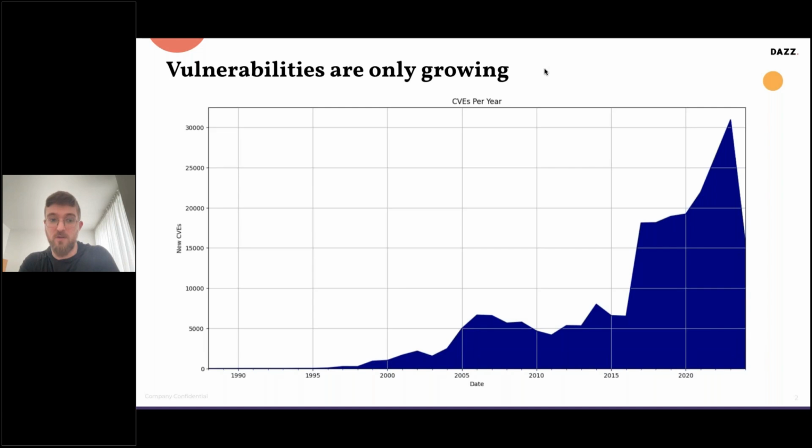So the number of published vulnerabilities, represented here based on the CVE identifiers, is just growing massively year over year, with about 30,000 vulnerabilities reported last year alone, right? So when we're thinking about how to protect a certain environment, and we have different kinds of detection tools that can pick up those vulnerabilities, we have to account for the fact that every day that we wake up in the morning, there could be hundreds of new vulnerabilities that all of a sudden will be picked up by those detection tools.